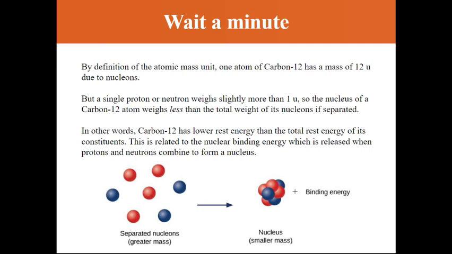The nucleus is in a lower energy state than the constituents are when they're separate. So when they form, some energy is released. The other way around means that if you want to break a nucleus apart, you need to add energy, in the same way that to remove an electron from an atom, like the hydrogen atom, you had to add some ionization energy.